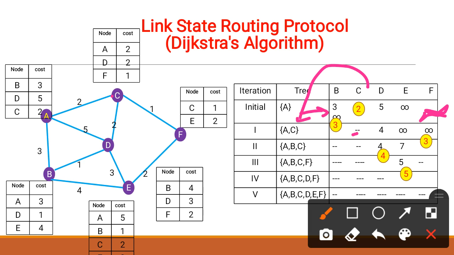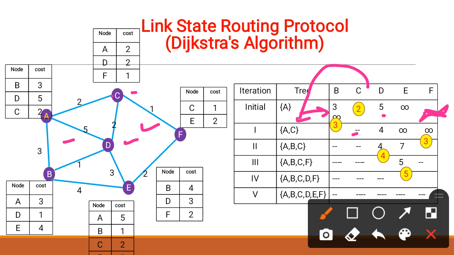Okay. Then after point C, we can reach point F and point D, so only 2 points can be updated. From A to C, we go to D with a value of 4. Previously, A is directly connected to D with a value of 5, but when moving A, C, D the cost is 4.